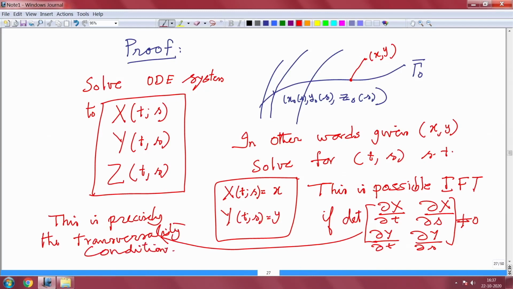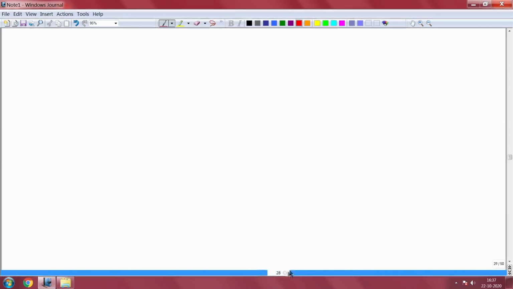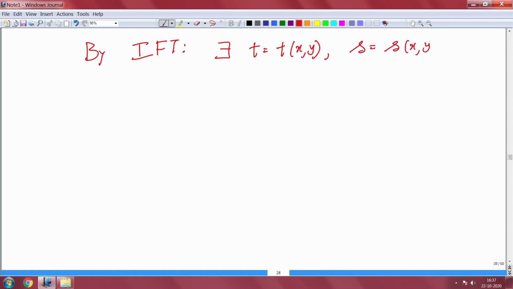So, by inverse function theorem, there exists t, that t will depend now on x and y. You can solve for t, s equal to s(x,y), uniquely locally, everything is local.